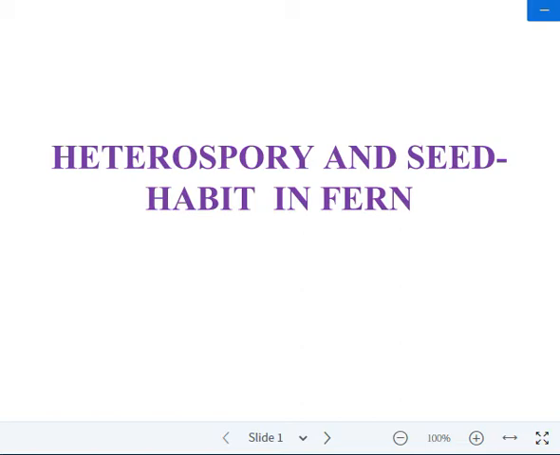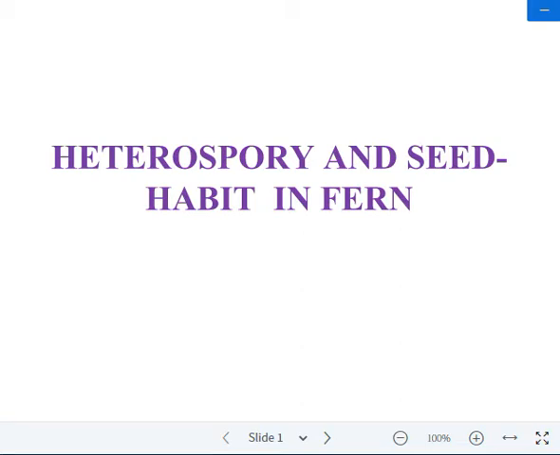Within the microsporangium there develop a lot of microspores, which are smaller as compared to megaspores, and within the megasporangium there develop a limited number of megaspores. It is mostly 2, 4 or sometimes even 8.